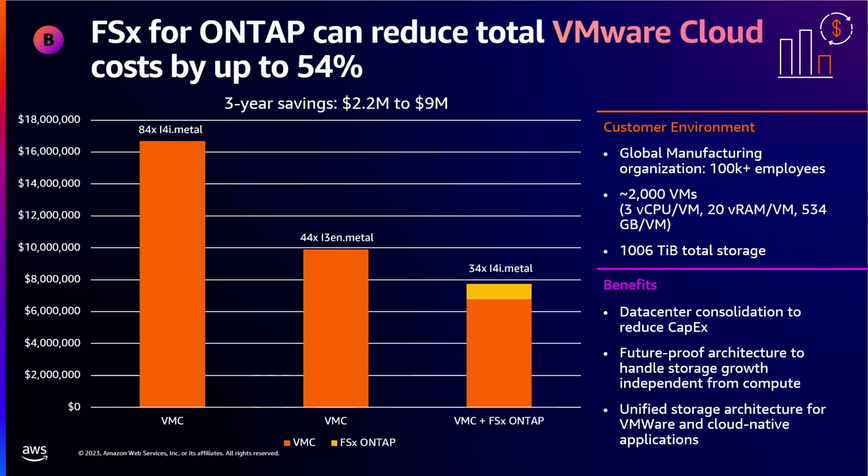For this customer, using a combination of these i4i instances that have less storage capacity per core and supplementing that with FSX for ONTAP, they were able to achieve up to a 54% cost savings relative to some of the other options they were looking at on VMware Cloud. And again, this all comes down to optimizing and making sure customers are provisioning just the right amount of CPU, RAM, and storage that they need.